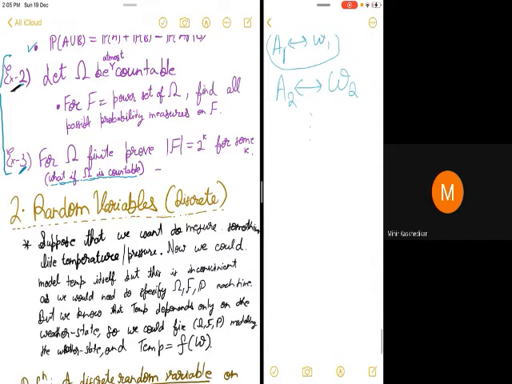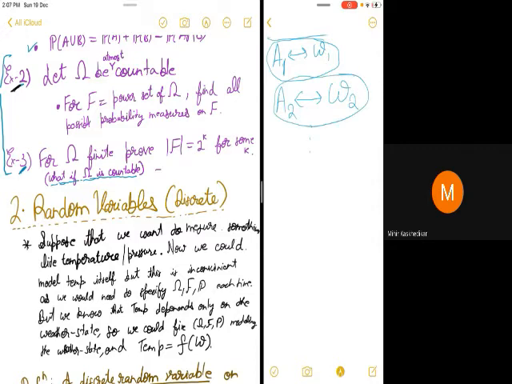And then we will get that the intersection of Ai and Aj would be empty, simply because we deleted the elements, and also that their union will be our omega, because this process ends somewhere.